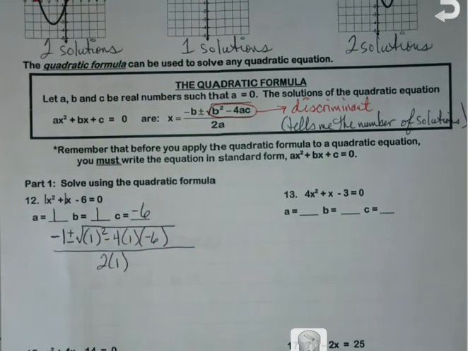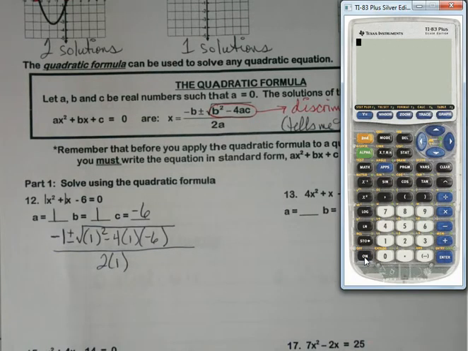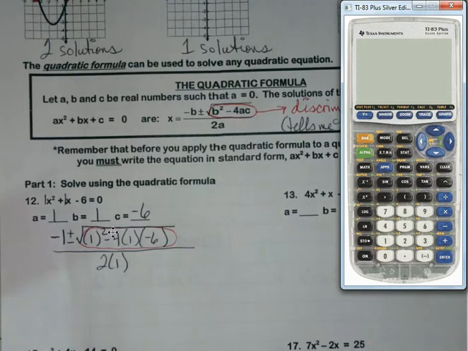Now, unfortunately, I would not suggest trying to type all of this into the calculator at once. Here's why. A lot of times when you go to plug this in, all the parentheses kind of mess things up. So here's my suggestion. I would take care of that discriminant part that we talked about first. I would just type in this part at the start.